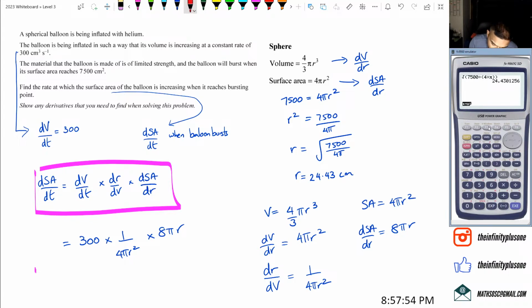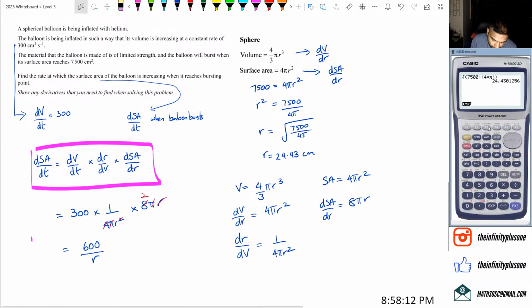What I can do here is cancel out the two π's, cancel out the r, which makes it 1r, and then cancel out the 4 and 8 to give me 2 in the numerator. So that gives me 600 divided by r. Now I know what r is; I've worked out r was 24.43.